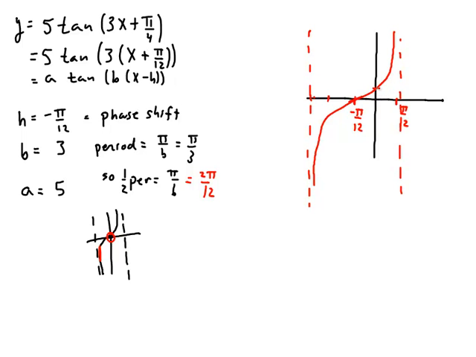And this location halfway between those is normally at y equals 1, but because of this vertical stretch, all my y values get multiplied by 5, and the y value there would be 5. Looking at this, I've noticed that I don't have my coordinate here, so that was minus 3 pi over 12, and that would complete the graph of the tangent.